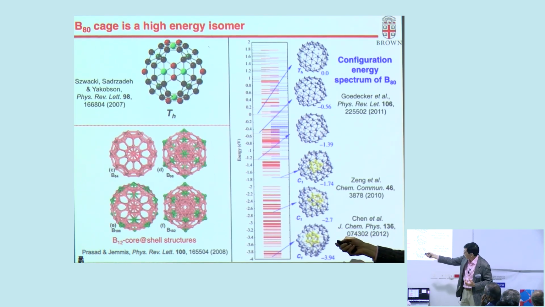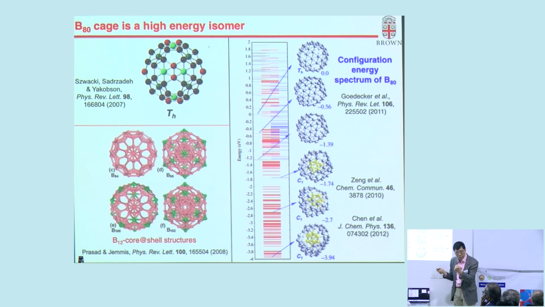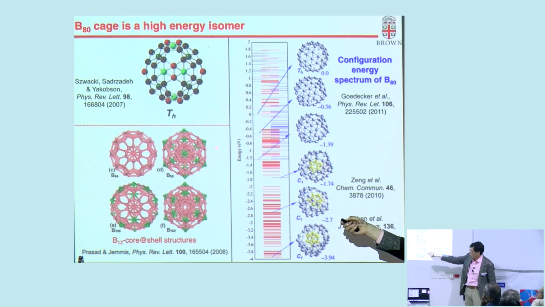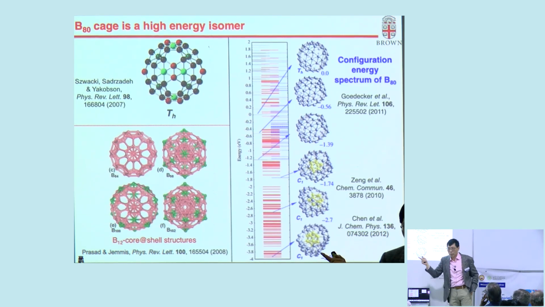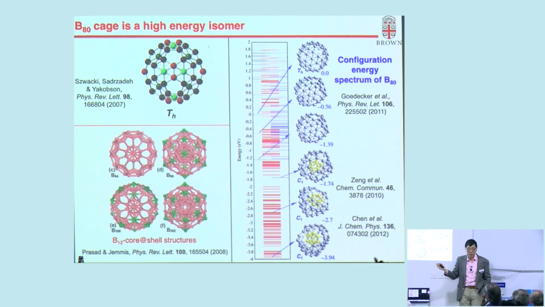So this is B84. You have a B12 icosahedral core with another shell. This is a hand-built structure, and the other is also hand-built, right? This is not a global minimum search, but of course for B80 you would have 2 to the 80th possibilities, right? So global minimum search is quite challenging.